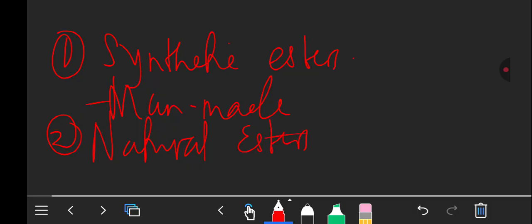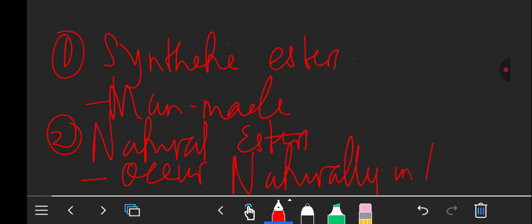Natural esters are those which occur naturally. They are made by God. They are found naturally in nature. Those are what we call natural esters.